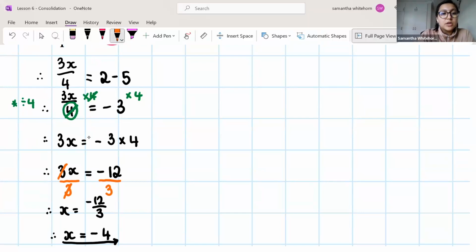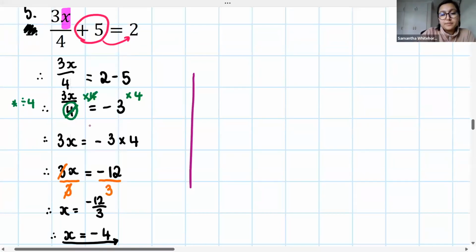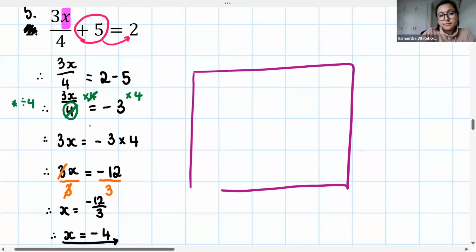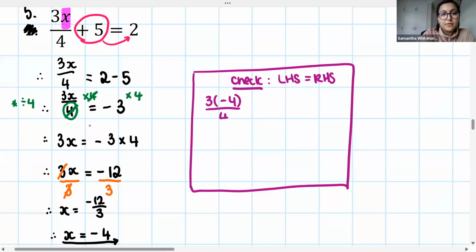If we just want to do a quick check of what we've done, remember, check involves substitution. What we're wanting to do is make sure that the left-hand side is equal to the right-hand side. We've got 3 times -4 divided by 4 plus 5 should be equal to 2.